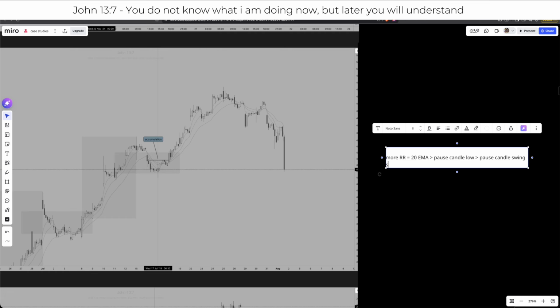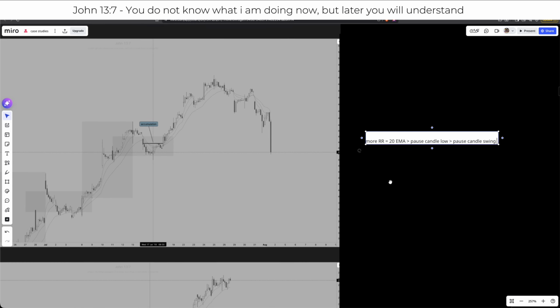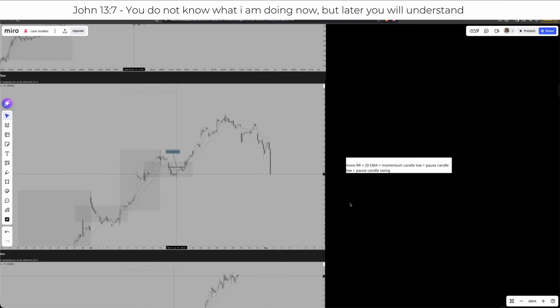And then you have, actually wait, let me see the momentum. So there's not really momentum candles in here, nothing really strong. The only momentum candle would be right here. So this would be less than the EMA pause candle, so this would be right here. Pause candle. Okay.